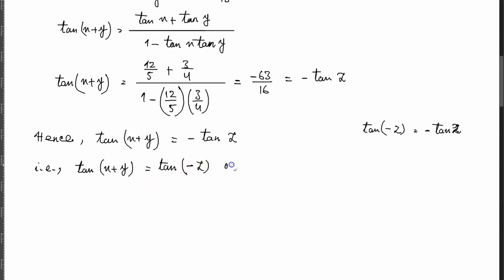Or another way that I can write this is tan of x plus y is equal to tan of pi minus z.